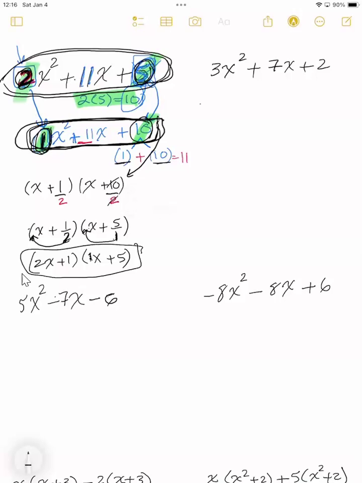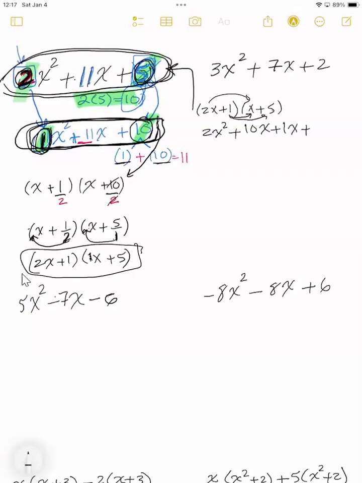I'm just going to show you if I multiply 2x plus 1 by x plus 5, I'm going to get my original expression. 2x times x is 2x to the power 2. 2x times 5 is 10x. Then I multiply 1 by x. 1 times x is 1x.